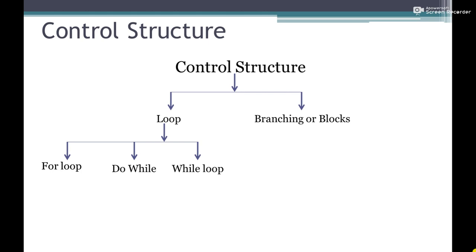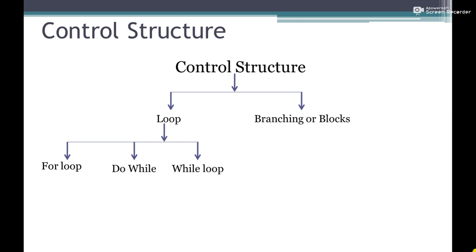And the third one is the while loop. The while loop works as follows: it will check the condition first and then execute it. So all three looping structures have the same purpose, but they work in different ways. The for loop will check, execute and display one by one, again and again.